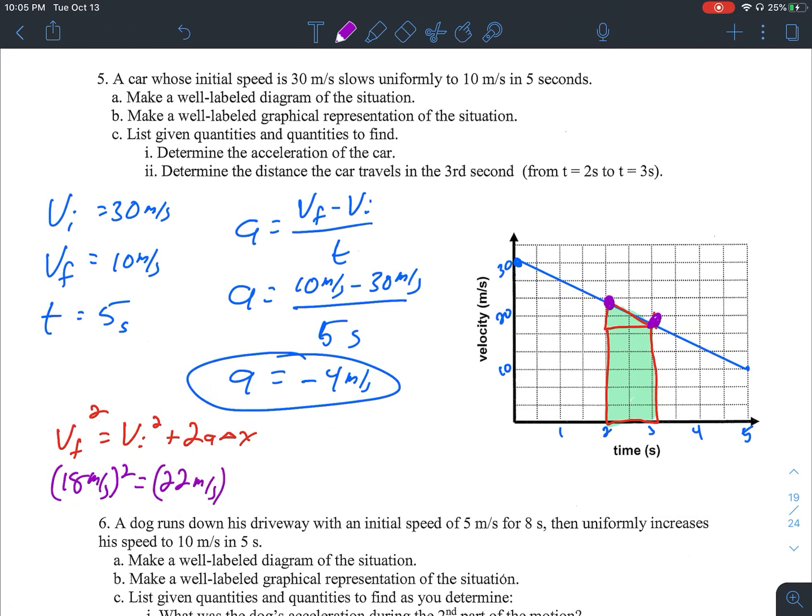Again, these could be estimates. If we really wanted to focus in on it, we would have a computer generated graph and kind of zoom into those points. And we could solve for delta x, where delta x would be 20 meters.